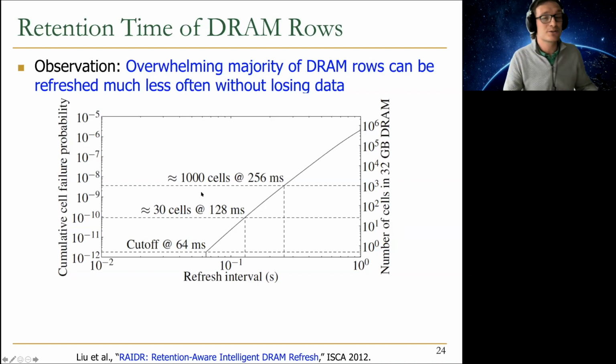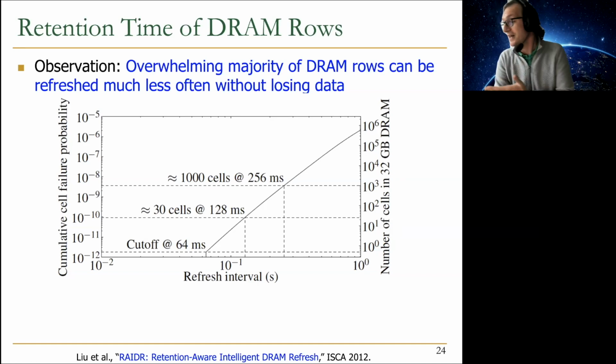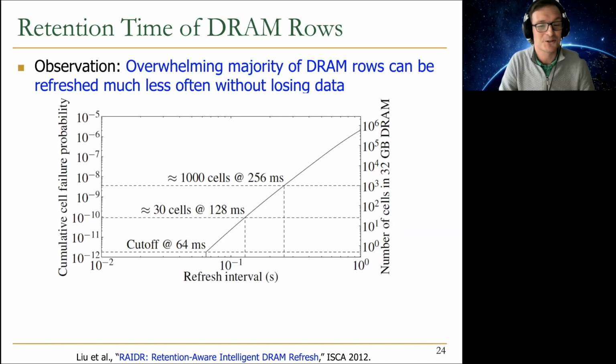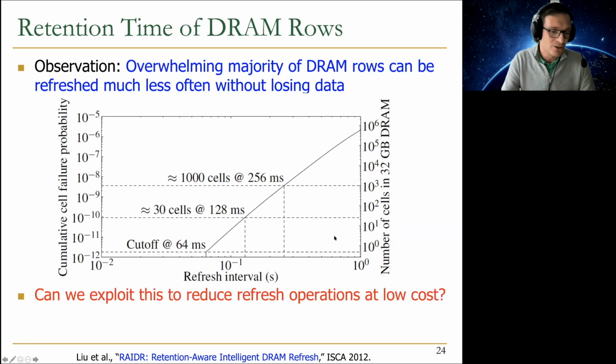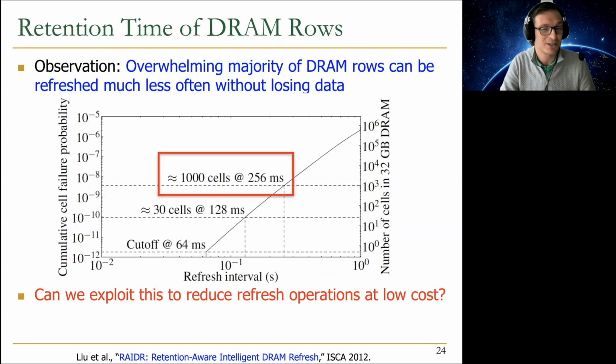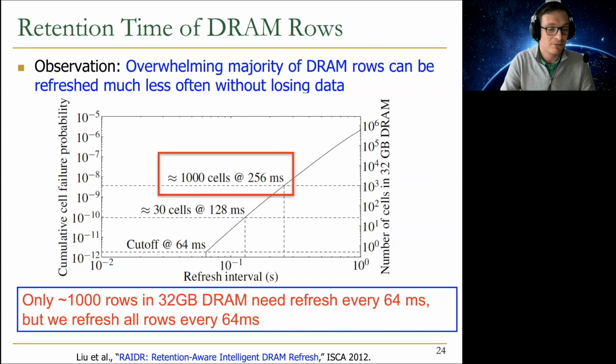So you can actually use solutions like your fellow student mentioned, right? So the question is, can we exploit this to reduce refresh operations at low cost? And the answer is yes. I'm going to give you one answer. I've already given you basically only about 1,000 rows in a 32 gigabyte DRAM need refresh every 64 milliseconds. But today we refresh all rows every 64 milliseconds. This is a huge inefficiency.